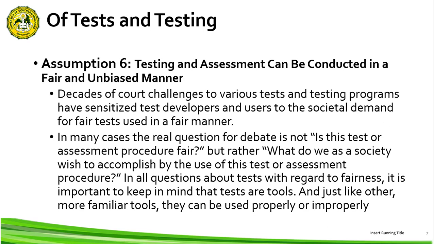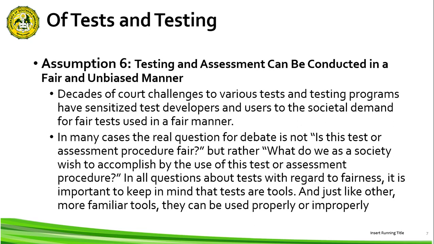Now let us proceed to assumption 6, which is that testing and assessment can be conducted in a fair and unbiased manner. Decades of court challenges to various tests and testing programs have sensitized test developers and users to the social demand for fair tests used in a fair manner.